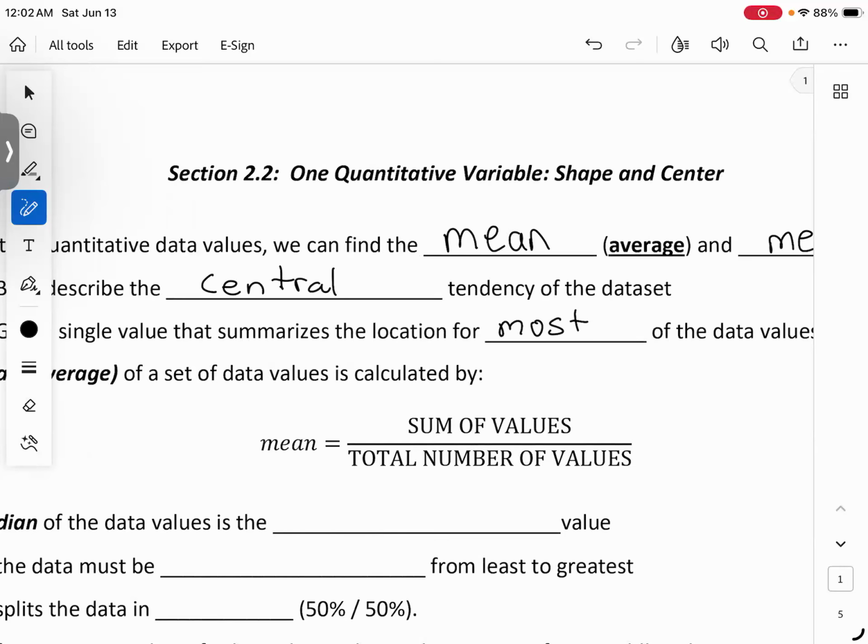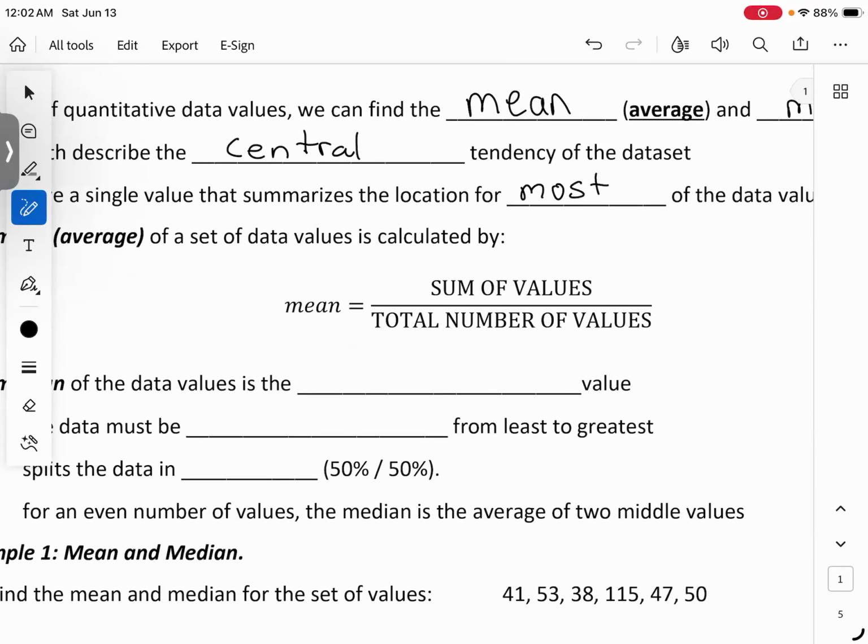When it comes to mean or average, you can use either of those two words. We've got our classic calculation, which is that you add up all the numbers and divide by however many numbers there were. Median, I'm pretty sure most, if not all of us, have at some point in life seen where we find the median, which is supposed to be the middle number.